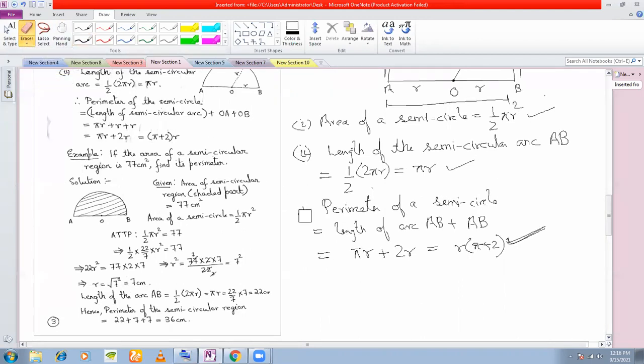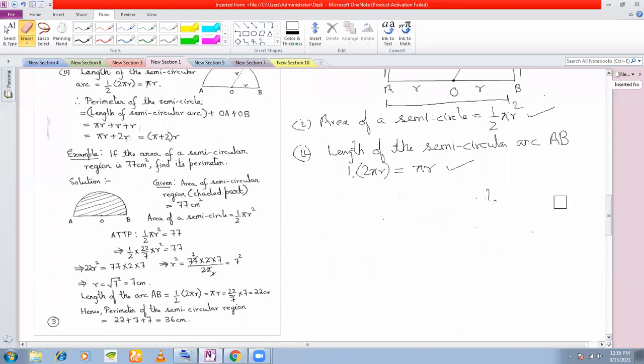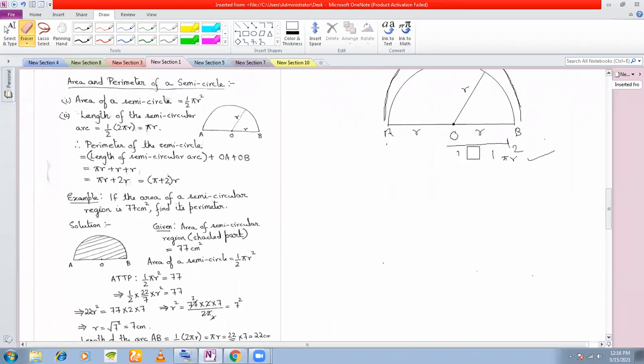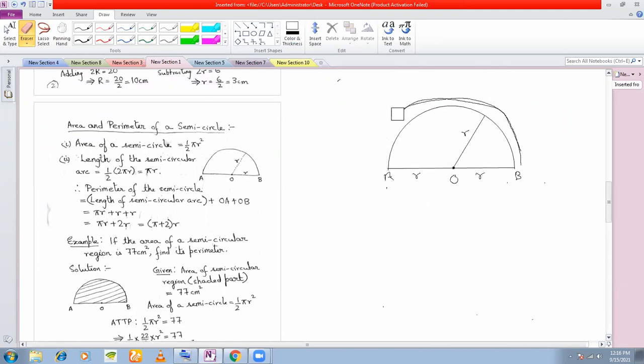So let's see the next problem. If you read the problem, it says if the area of a semicircular region is 77 centimeter squares.